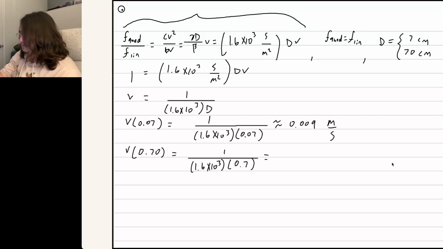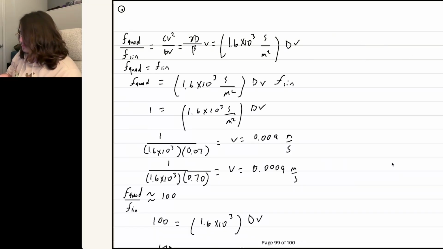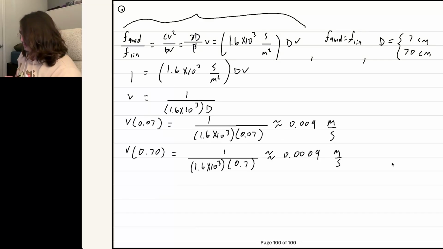Actually, no, you get a slightly smaller velocity of 0.0009 meters per second. So quite small there. So for small velocities, it can be assumed that the quadratic friction is equal to the linear friction force.